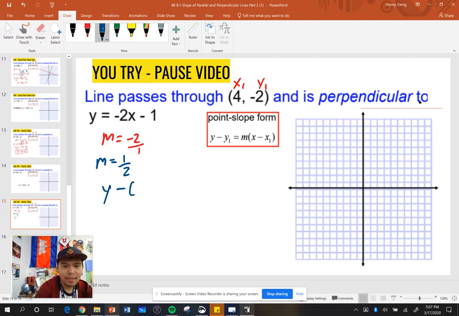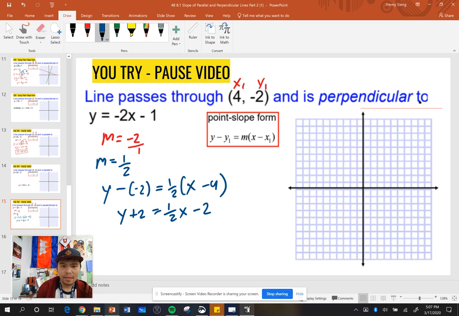y minus negative 2 equals 1/2 x minus 4. All right. Okay, so if I simplify that, I get y plus 2 equals, distributed that, minus 2. Okay, subtract 2 from both sides. You get y equals 1/2 x minus 4.